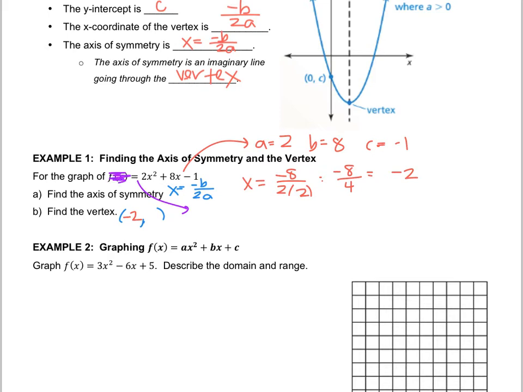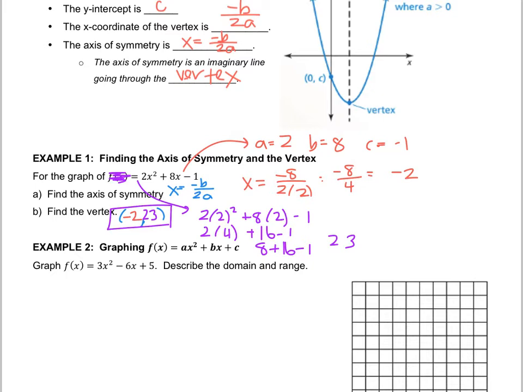So it would be 2 times (negative 2) squared plus 8 times (negative 2) minus 1. Now you just crunch those numbers. That's 2 times 4 plus 16 minus 1. Wait, with the negative sign that is 8 minus 16 minus 1. The speaker states: that is 23. So the vertex of this, good thing we're not graphing it, is negative 2, comma 23.